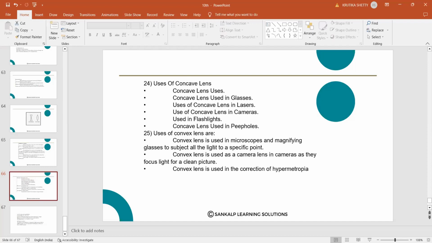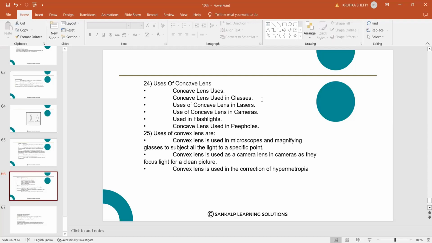Similarly, where is the convex lens used? The convex lens is used in microscopes and magnifying glasses to converge all the light to a specific point. The convex lens is used as the camera lens in cameras as it focuses light for a clear picture.